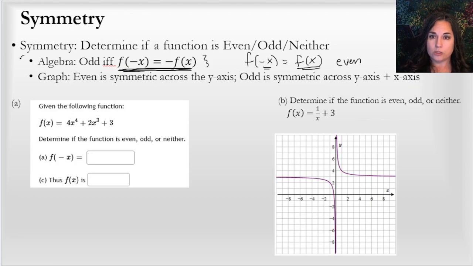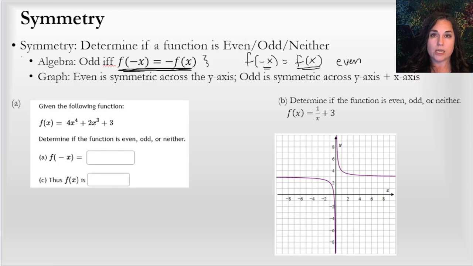You need to do this proof of proving whether it's odd or proving whether it's even, or if neither of these tests are true, it could be a neither function. It could be neither even nor odd. We're used to things being even or odd, but with symmetry, it could be neither. There could be no symmetry on a graph.